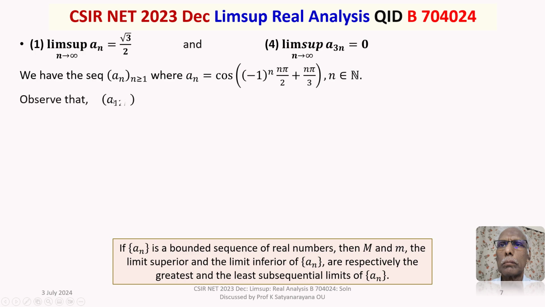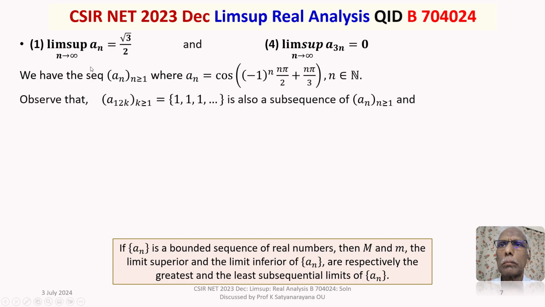And observe that this a_12k, k greater than or equal to 1, what we have considered in the last slide, is the subsequence 1, 1, 1, and this is also a subsequence of the given sequence a_n, n greater than or equal to 1. In this a_n, wherever there is n, you substitute 12k, you will get this one.